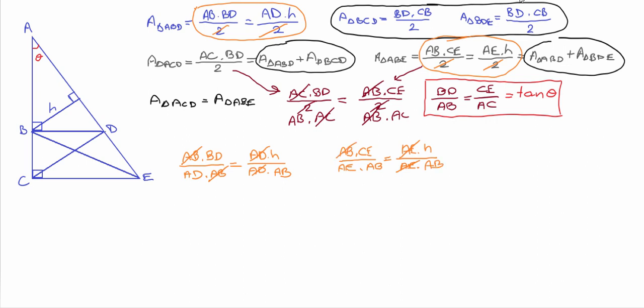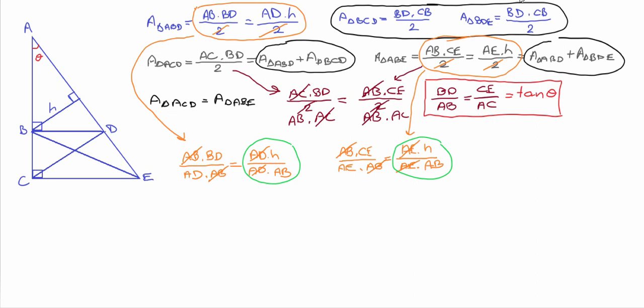These two cancel. I will also divide both sides by AB. These two cancel. CE divided by AE is equal to H divided by AB, and this is coming from here. And this one is coming from here. Now you can see that we have a common term here, which is H divided by AB.